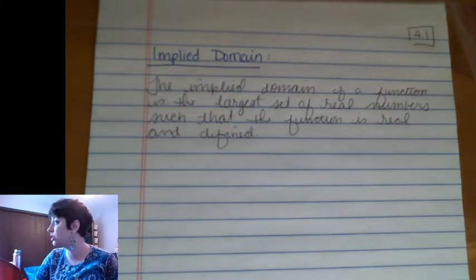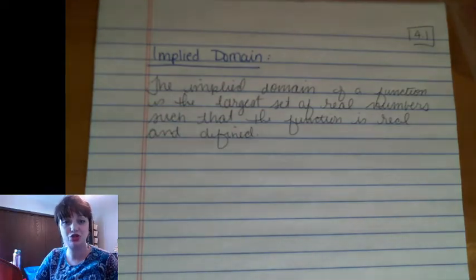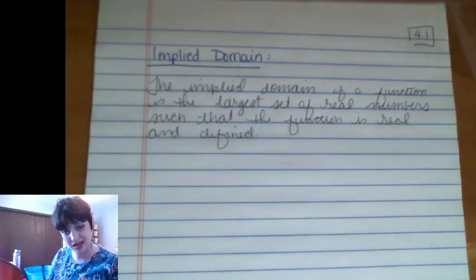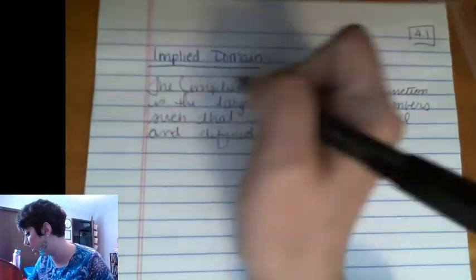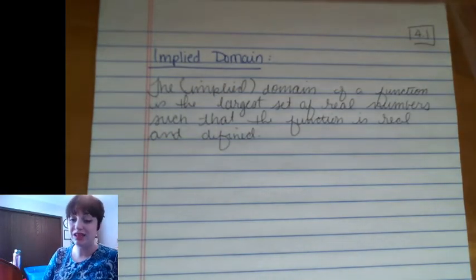So we're going to talk about what I call the implied domain and what your notes call the implied domain. Most of the time I'm just going to shorten it to domain, and the implication is going to be this implied. And that's going to be the largest set of real numbers such that the function is real and defined.